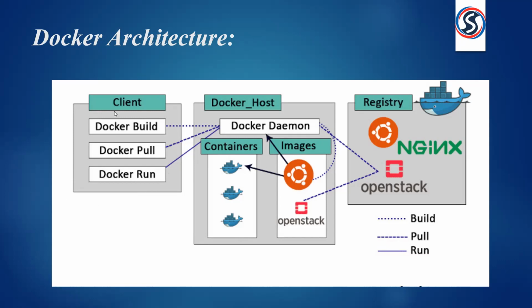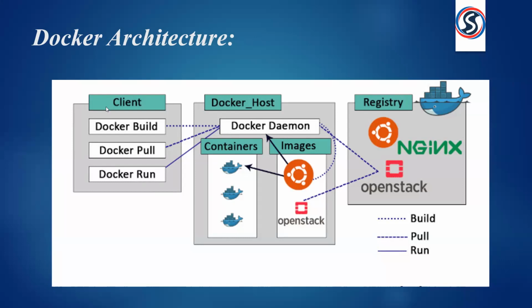So this client will talk to the Docker daemon, which does the heavy lifting for building, running, and distributing your Docker containers. So what does this Docker daemon do? It does the heavy lifting of building, running, and distributing the Docker containers. Okay, it is responsible for that.